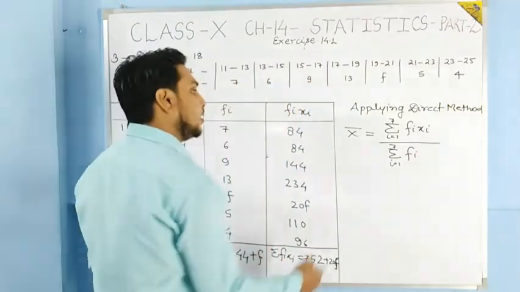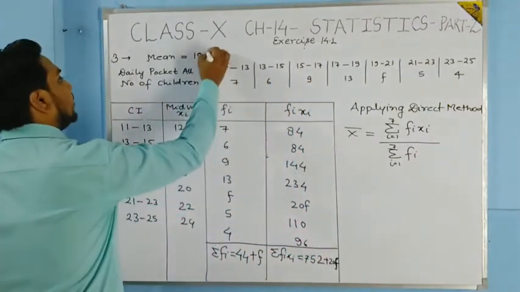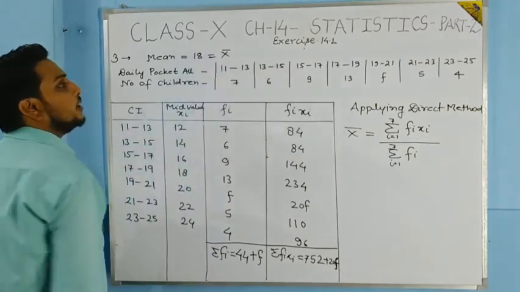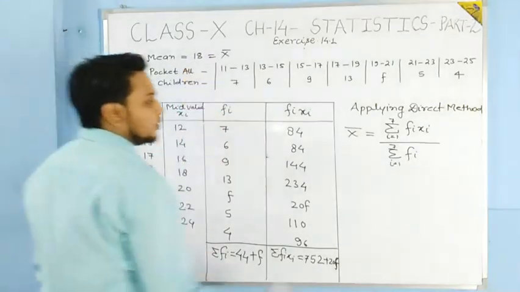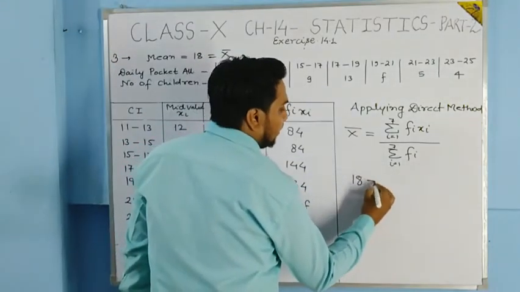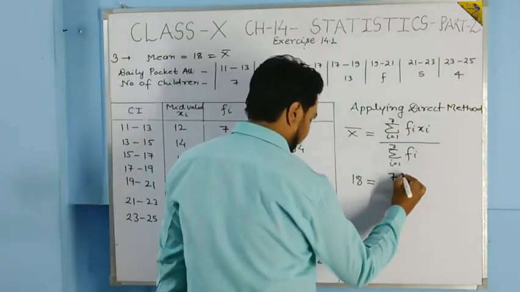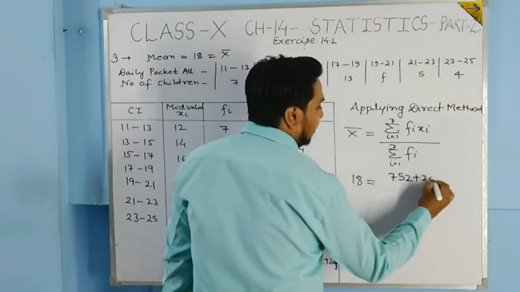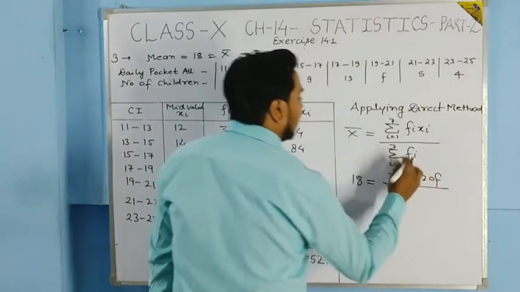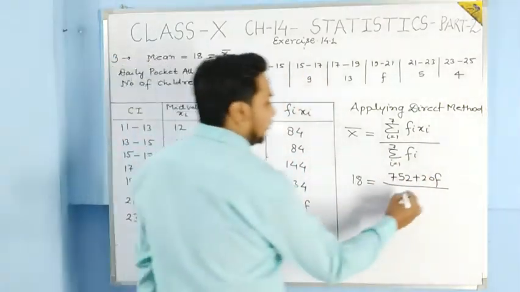This is the formula. Now the mean is given, the value of X bar is 18. So here we will write 18 is equal to sigma fi xi, the value is 752 plus 20F, and here the value of this is 44 plus F.